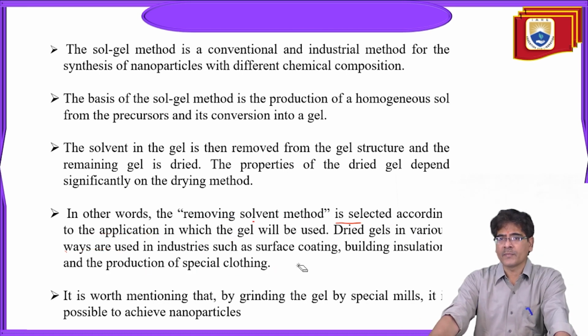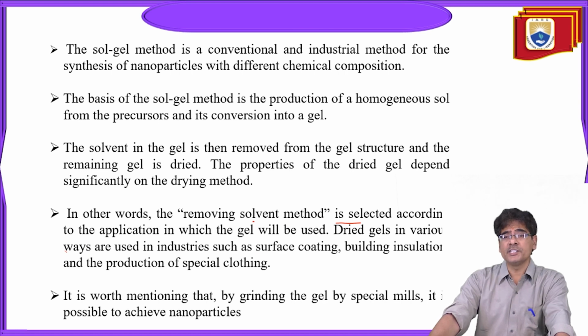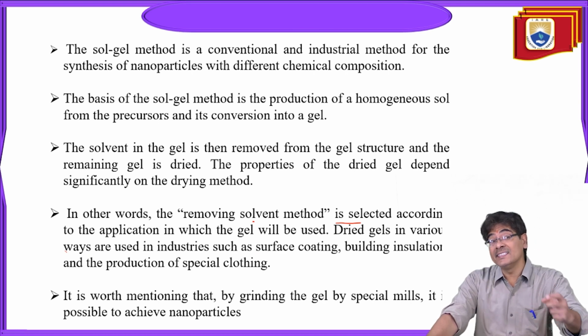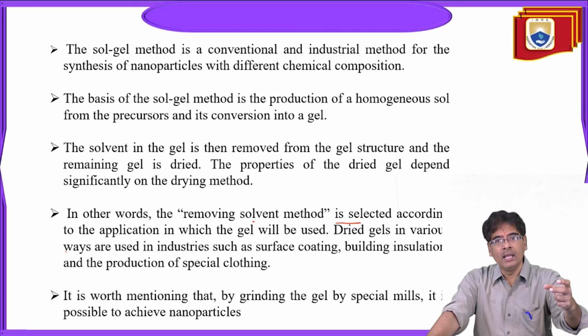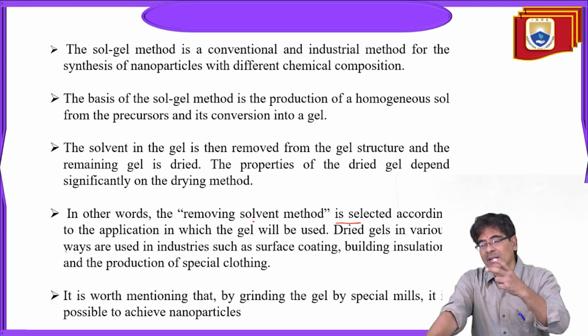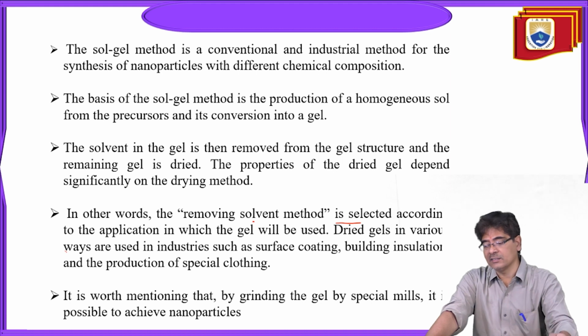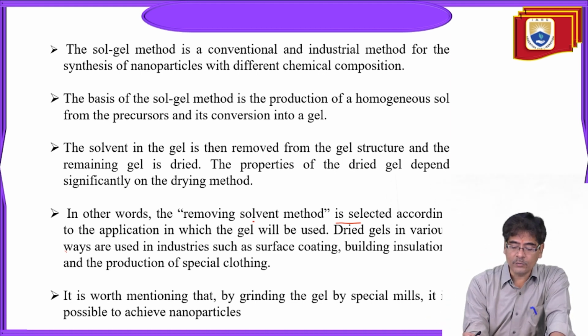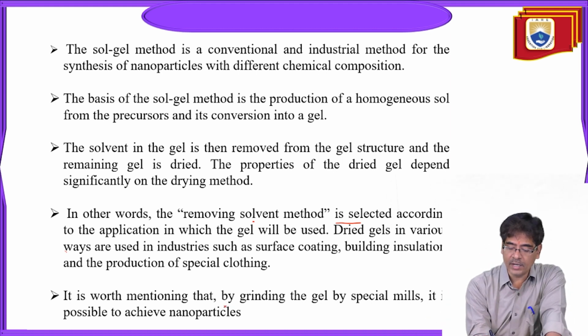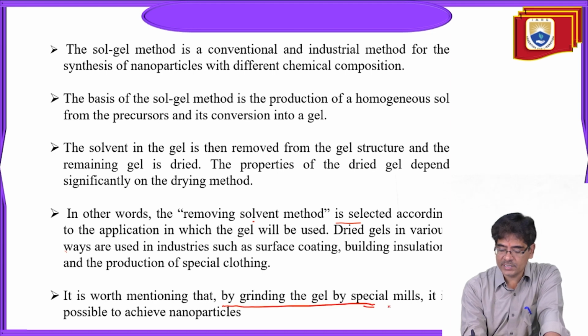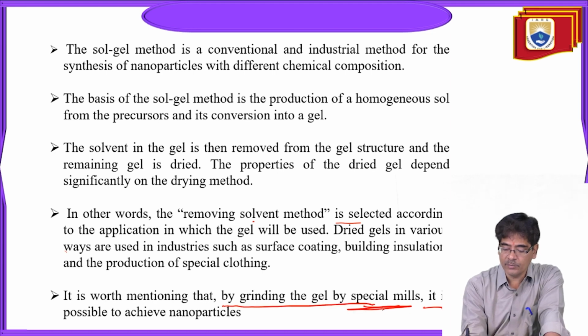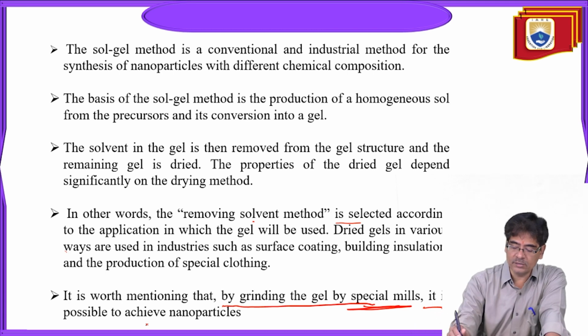Moreover, it is worth mentioning that by grinding the gel with special mills, like ball milling, it is possible to achieve nanoparticles. So nanoparticles can also be achieved in this form.